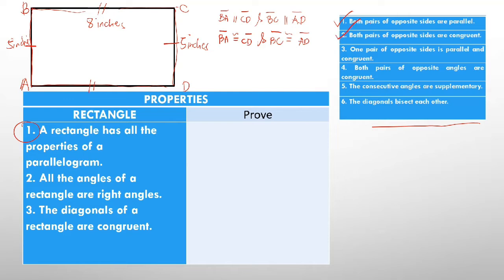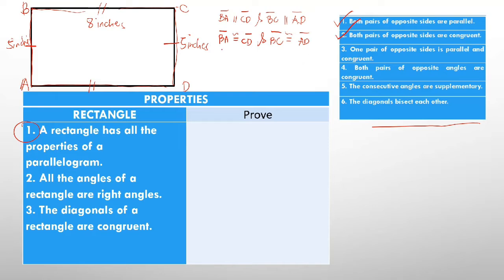Now, let's proceed to the third property of parallelogram on our rectangle. So, one pair of opposite sides is parallel and congruent. Since we have proved number 1 and number 2, which is that both pairs are parallel and both pairs are congruent, then one pair is also parallel and congruent.